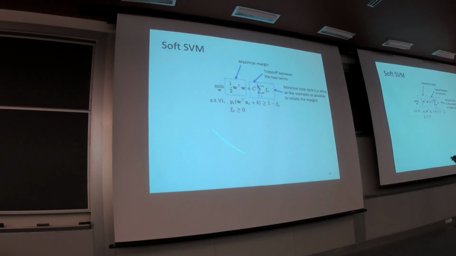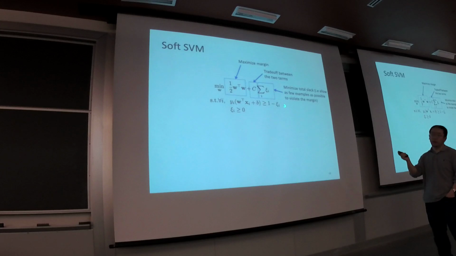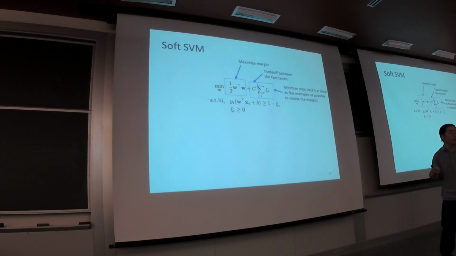It turns out that this optimization problem is still complicated. Why? Because we put many constraints. Although the cost function is relatively easy, we have many linear constraints. For each example, we have two constraints. One constraint is for the function margin, the other constraint is for the slack variables.